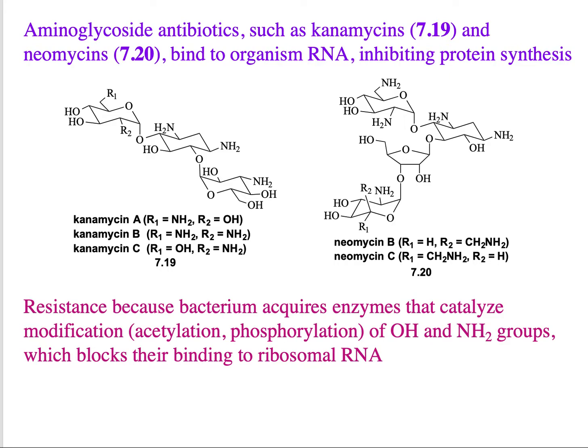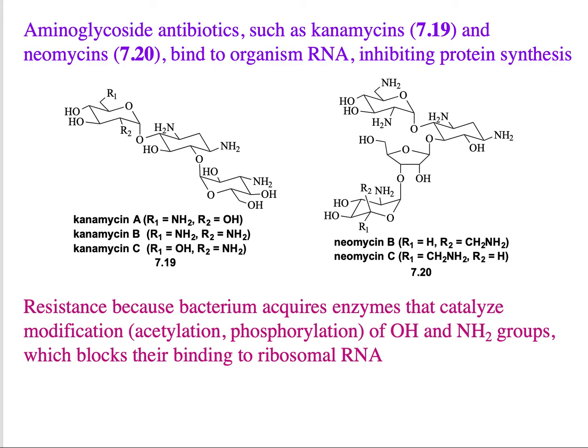Bacteria can become resistant to these kinds of drugs, because the way that these drugs work is they block protein synthesis by complexing with RNA. So they have these sugars that can complex.